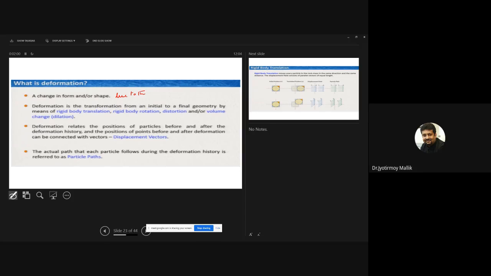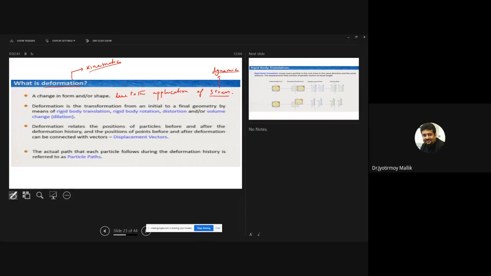So a change in form or shape due to the application of stress. When we discuss stresses, we are mostly looking at the dynamic aspect, because that's related to the forces. And when we look at strain or deformation, that is essentially our kinematic aspect.